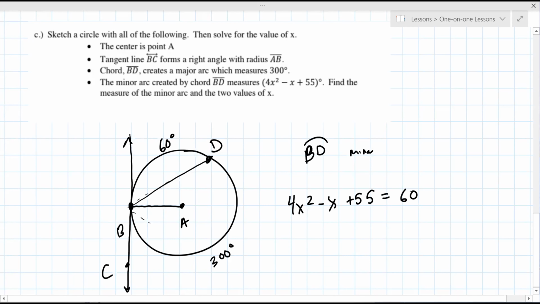I got x equals 5/4, and x is negative 1. Okay. Did you try them both back in this? No, I didn't. Try that now and see if you get two numbers that actually work. I'll try negative 1 first.